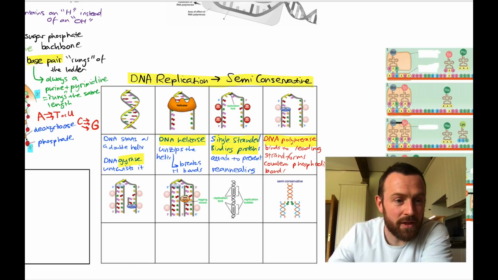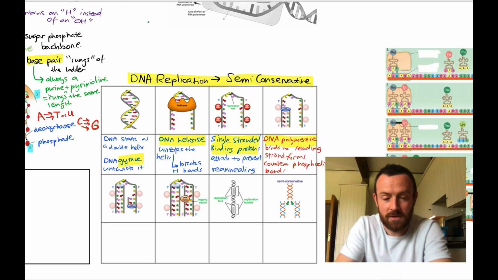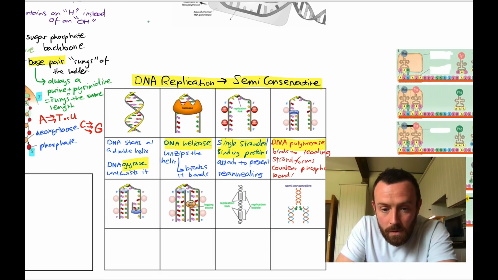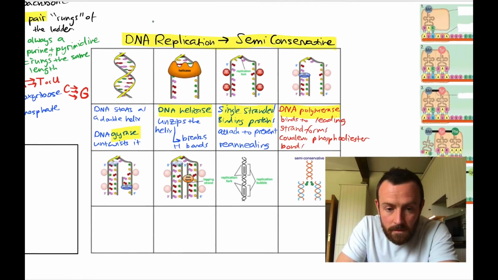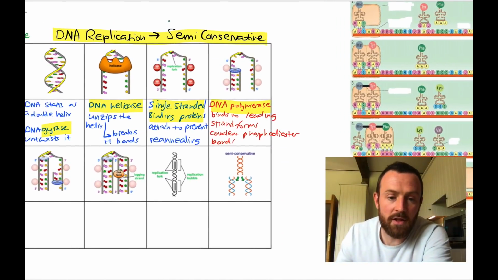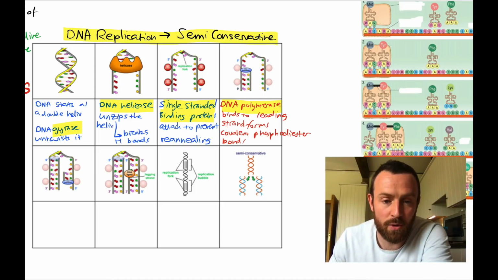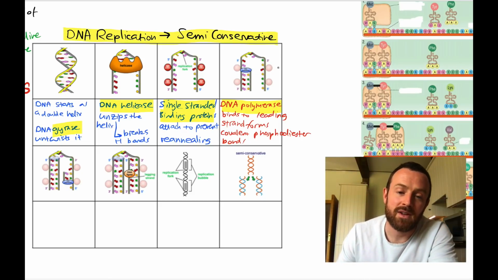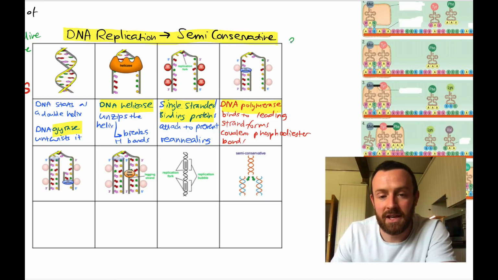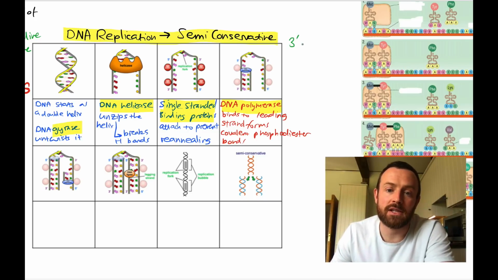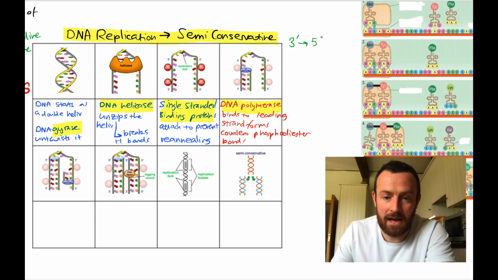Now the other thing here is that it's significant that it's moving. So this strand here, this is 3 prime, this is 5 prime. When we say it out loud, that's not 3 dash, it's 3 prime.